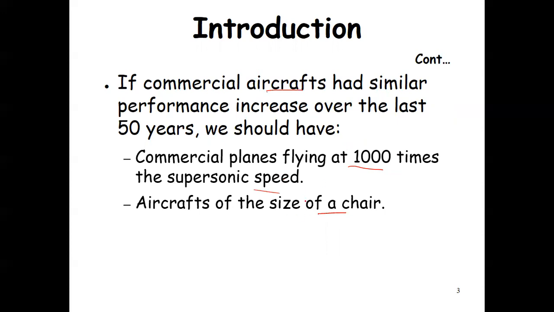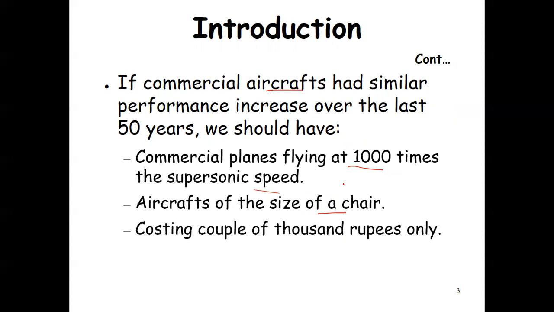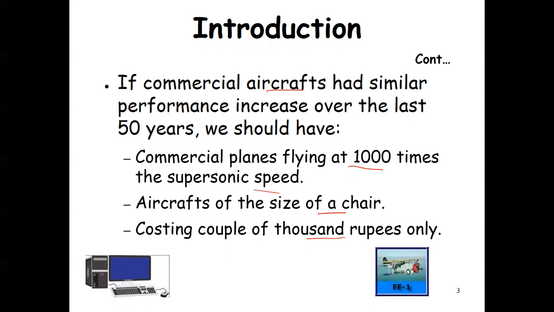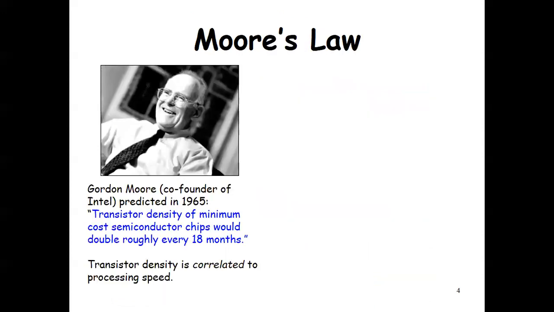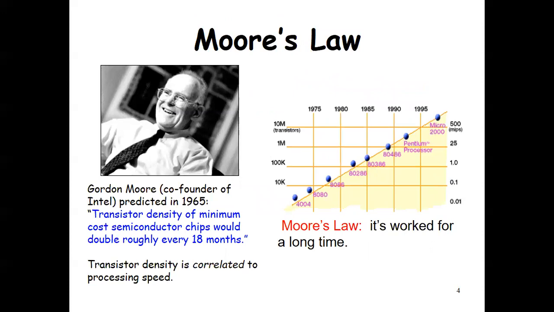We would also have flights the size of a chair, and the cost of these flights would be only several thousand rupees. So basically we are comparing at what rate the performance of the processor has been increasing over the past 5 decades, right?